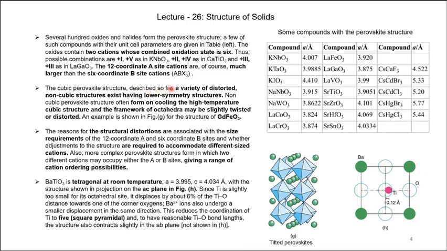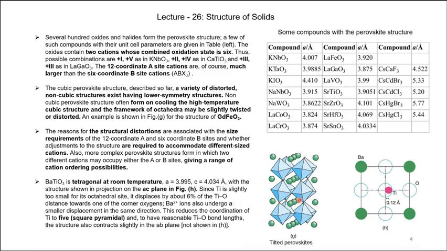The cubic perovskite structure has been described so far. But a variety of distortions exist which give non-cubic, lower symmetry structures. One example is barium titanate, which is tetragonal at room temperature, with cell parameter A 3.99 and C 4.034.